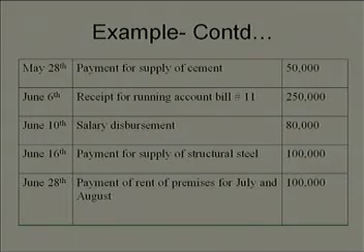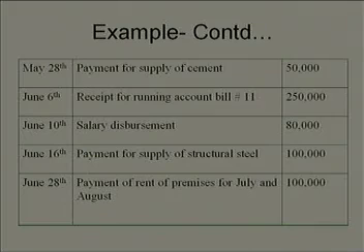On June 16th, we are paying for supply of structural steel. It is worth 1,100,000. And finally, on June 28th, we are making payment of rent of premises for July and August, that is 100,000.